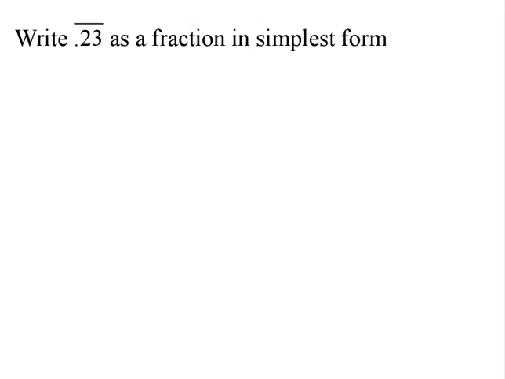Remember from before? What's the first thing I do? N equals 0.23. And you could do the dot, dot, dot if you wanted. It's the same thing. Or you could put another 2 and a 3. It doesn't matter. But what 0.23 repeating means is 0.2323232323.